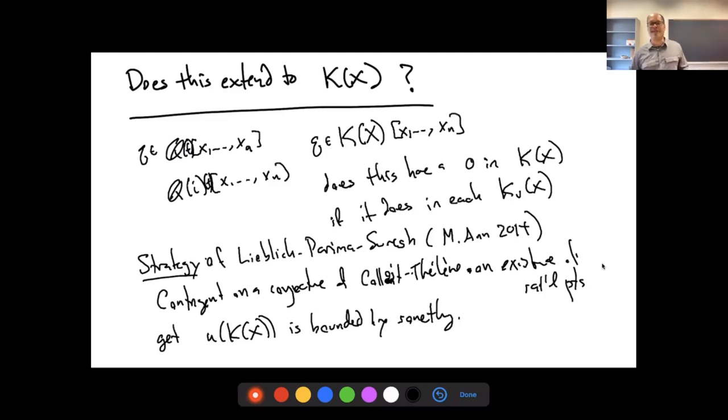So we don't know that it would be 9 variables, the expected answer, but there would be a bound, at least contingent on a conjecture of Colliot-Thélène on rational points. So we still don't know anything, but there is some evidence that the strategy might be potentially useful. This is in the case where K is an imaginary number field.